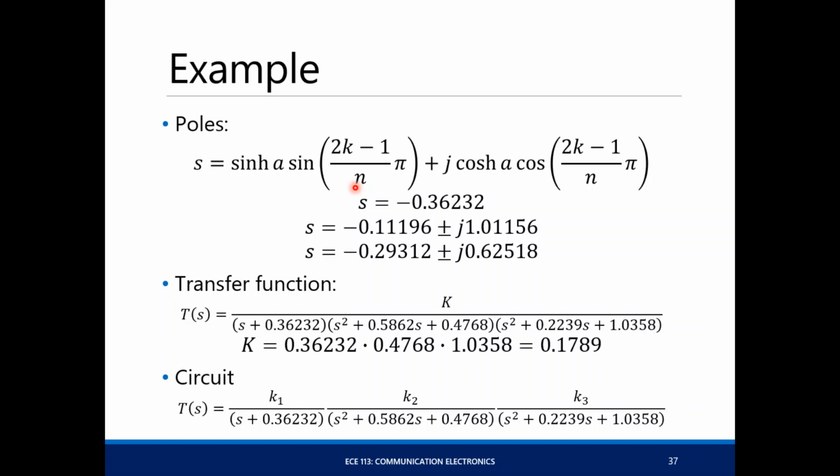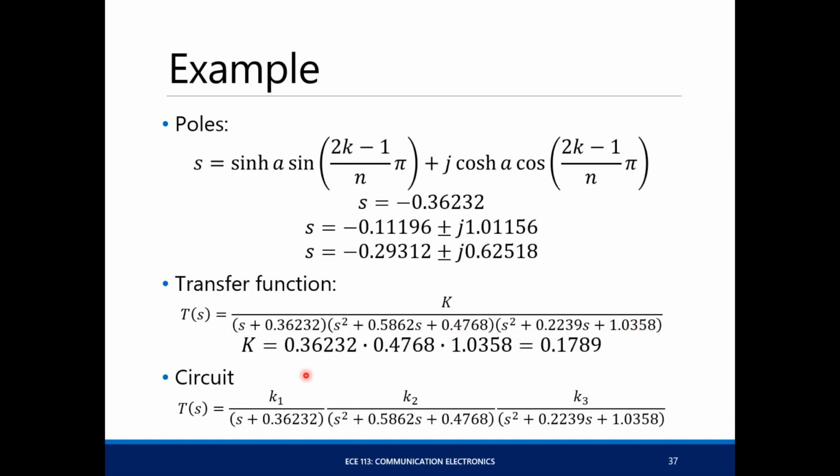From 1 to 5 you get these 5 values for the poles, and from here you can get a transfer function for your Chebyshev filter.